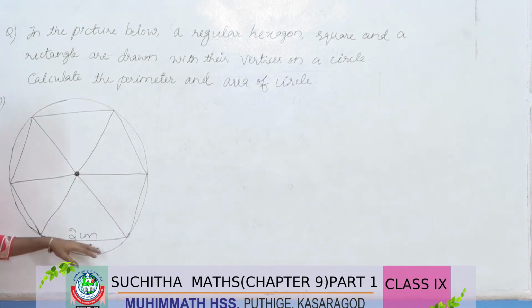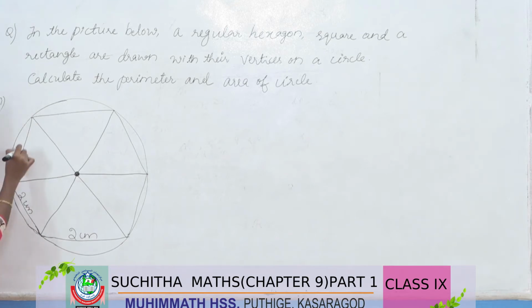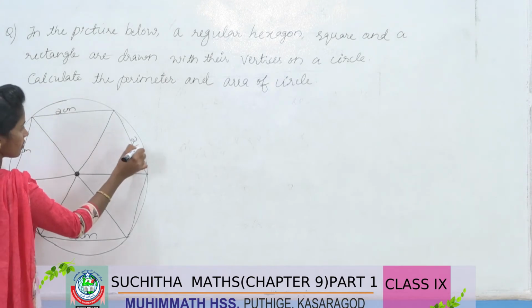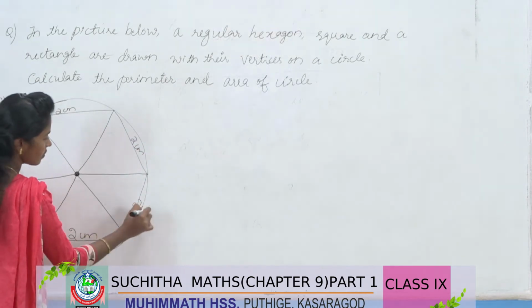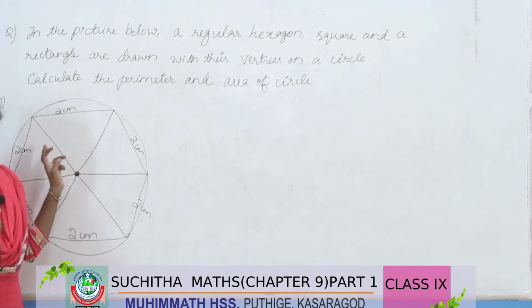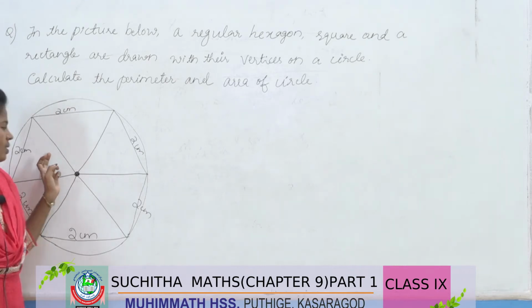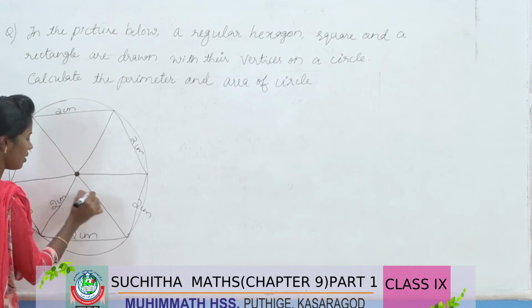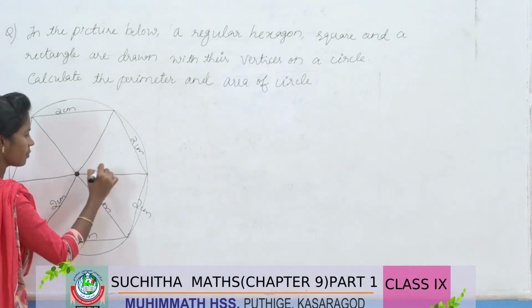The length of one side is given. A regular hexagon means all sides are equal, so all sides are 2 centimeter. And these triangles are equilateral triangles. In an equilateral triangle, all sides are also equal, so this length is 2 centimeter.